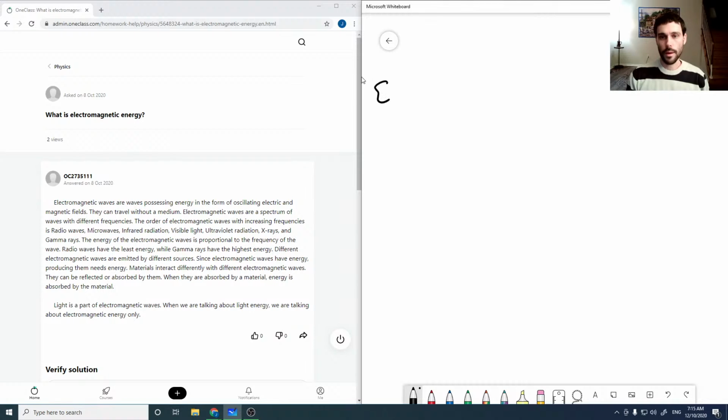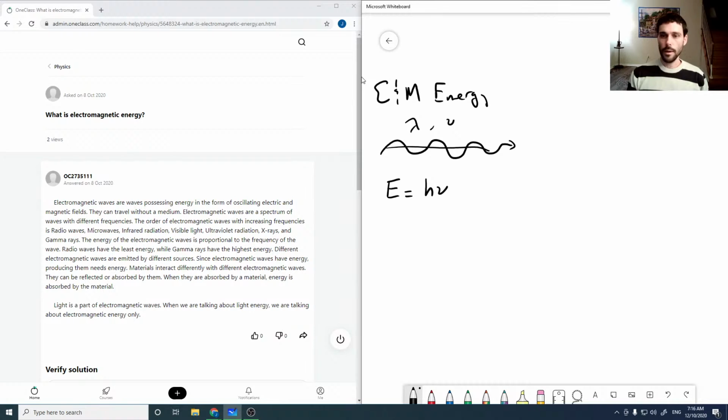So our E and M energy: given a light wave, which has some wavelength and some frequency, our energy is given by h nu, where that's Planck's constant, and that's our frequency there.